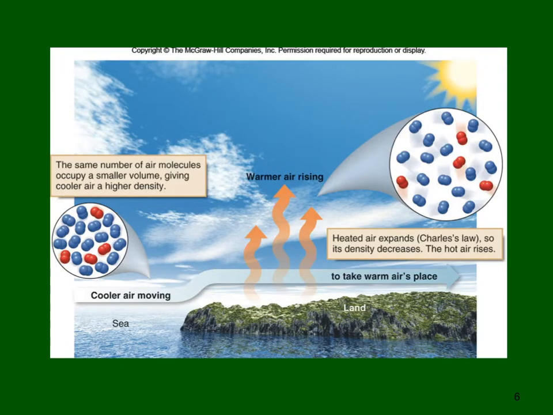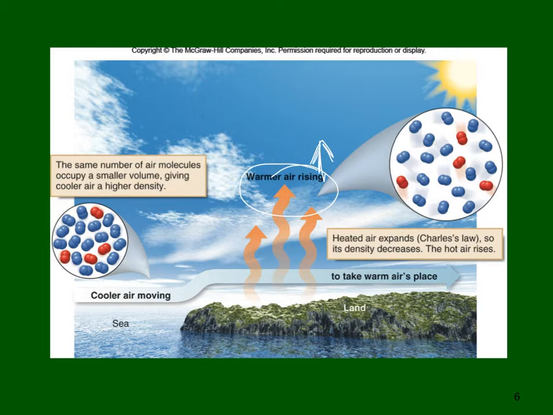Now we can use Charles's law to actually explain weather phenomena. As the temperature of the air goes up, warm air starts to rise because it becomes less dense. It has higher volume. Higher volume with the same amount of mass means less dense.